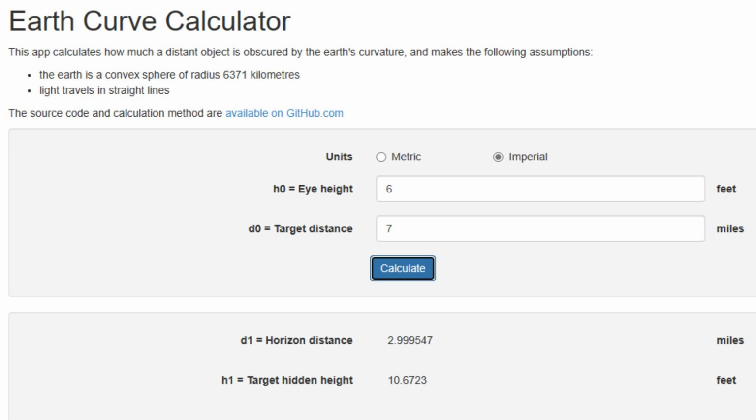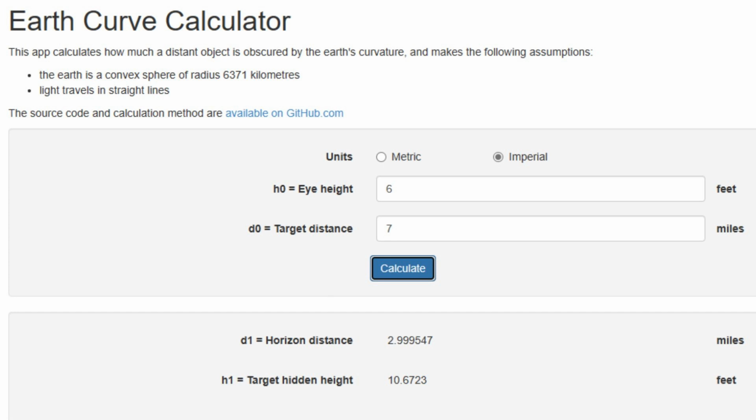Okay, quick recap. My observer height was 6 feet. The distance across the ocean was 7 miles. So the geometric physical horizon of a curving Earth must be 3 miles away, but it wasn't. That's right where that boat was. But we can see the shoreline, we can see the horizon up above, and there should have been 10.5 feet of curvature drop, but there wasn't, meaning the ocean does not curve.